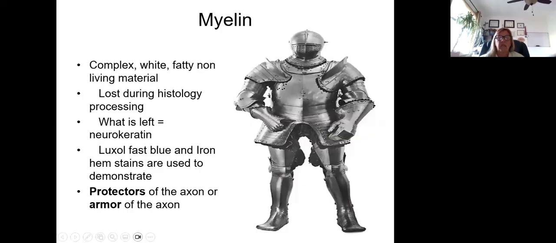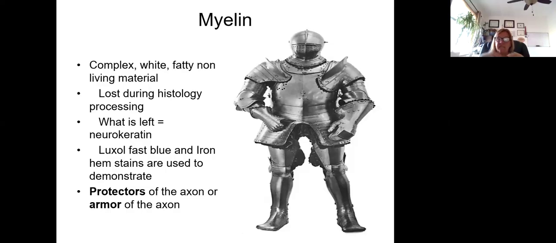Then we have myelin. Myelin is your protector, the armor of the axons of your neurons. It's a complex, white, fatty, non-living material. In other words, myelin in and of itself does not have any nucleus, DNA, or RNA. The truth of the matter is that when we process the tissue, the myelin gets lost.